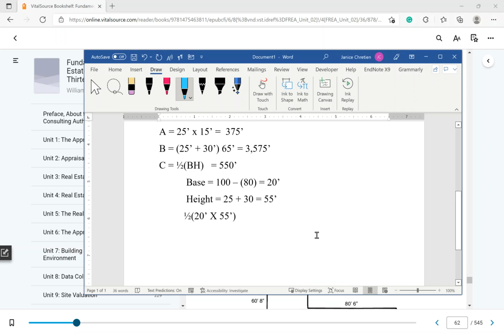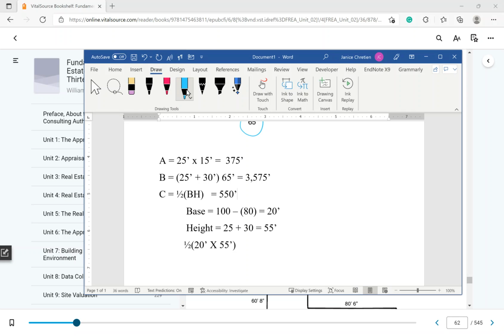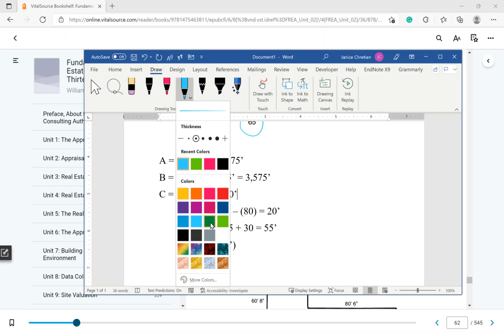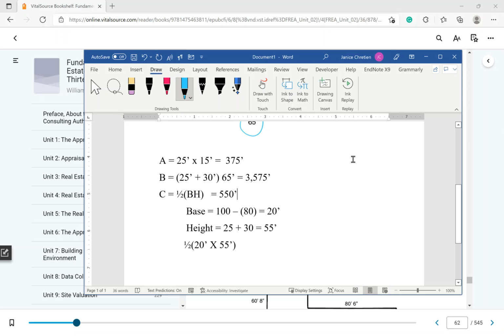So now what I've got to do is pick another color here. Let's go with this pink. I need to add 375. How did I get back on blue? I thought I picked pink, but that's okay. Plus 3575 plus the 550.